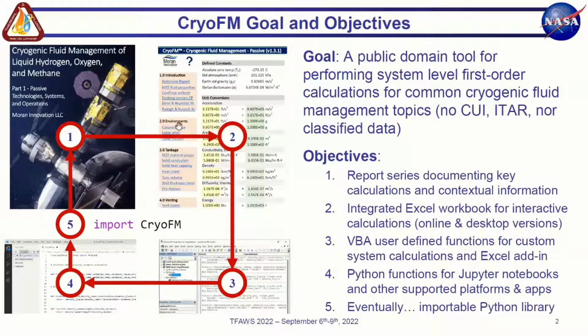So the second objective is then to create an integrated Excel workbook that has calculation sheets that will do all of the calculations that are in this. By the way, this is just passive CFM. The next report in the series that I have planned will be active systems, so cryo-refrigeration and mixing and that sort of thing.